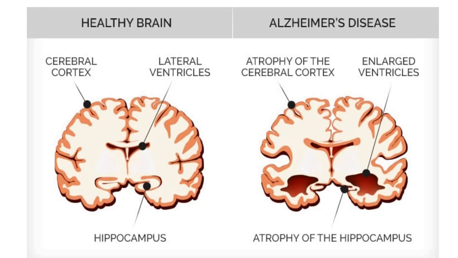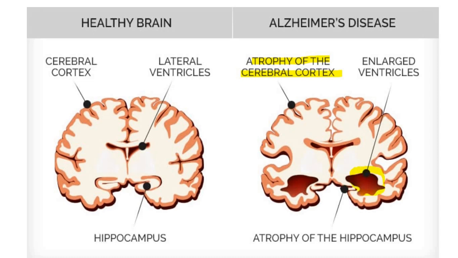Now something to reckon from with diagram. This is your healthy brain, cerebral cortex, lateral ventricles, everything is visible, the hippocampus. Whereas in Alzheimer's disease, what happens? There is an atrophy of the cerebral cortex. The cerebral cortex undergoes atrophy. The ventricles, here the ventricles were quite small, here the ventricles become large.